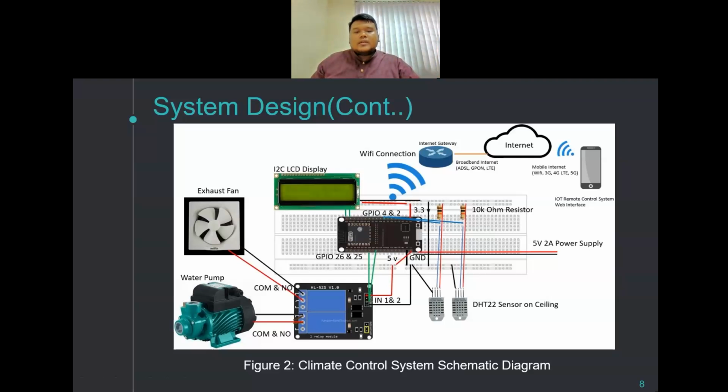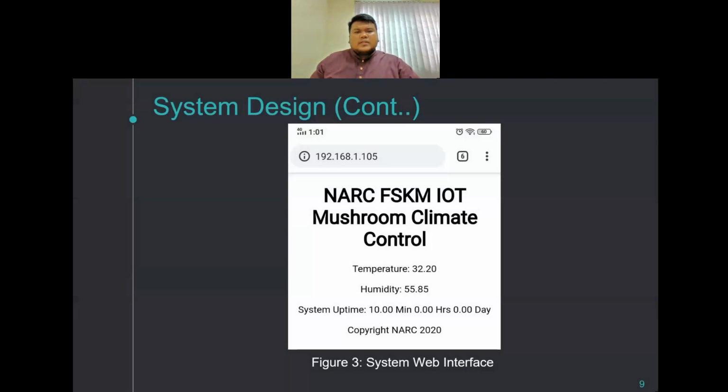This is the system schematic diagram, and this is the system web interface. From here we can know the temperature, the uptime, and if the water pump is running, it will show that currently the water pump is running.